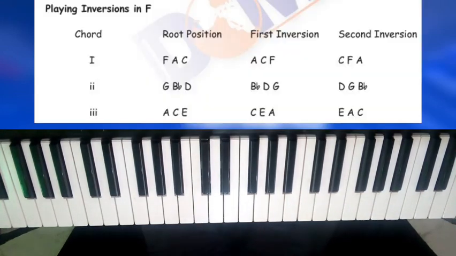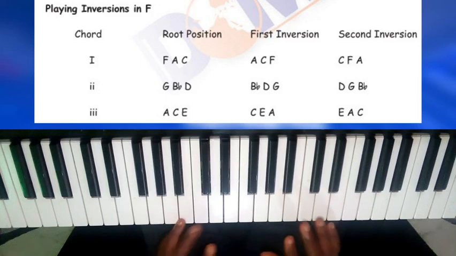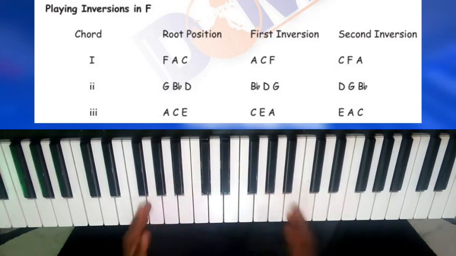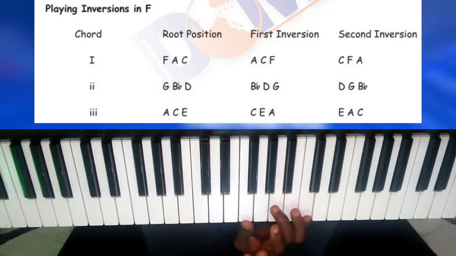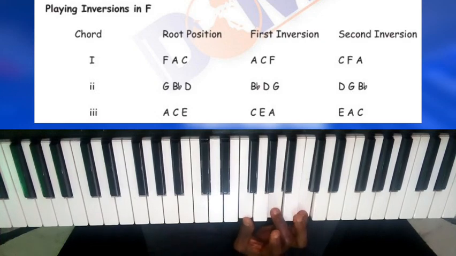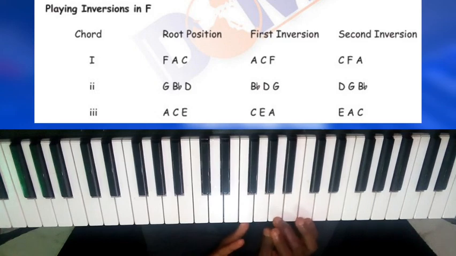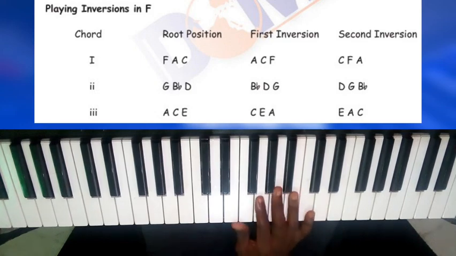Now let me explain chord inversion deeply and the fingering to play your inversion. I'll go back to my F major. Now it's in root position when the owner of the chord is starting it. It's the lowest note in the chord, just like this. But if you make the third note the lowest note in the chord, then it has become first inversion.